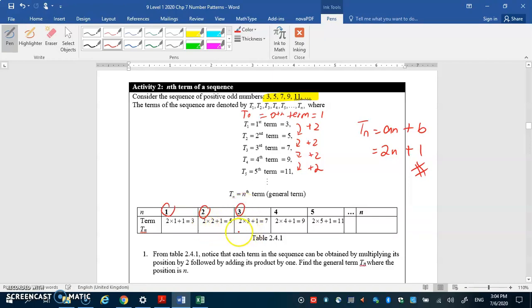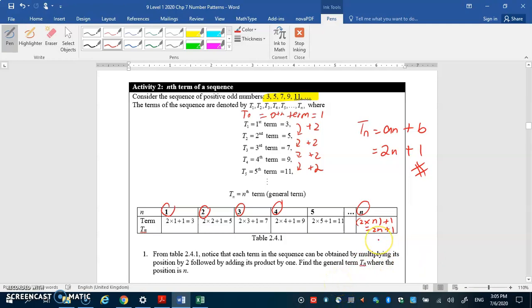When n is 3, 3 times 2 plus 1 to get 7. When n is 4, 4 times 2 plus 1 to get 9. Okay? And so on and so forth. So when n is n, it will be 2 times n plus 1. Right? Which is basically what we derived just now, 2n plus 1.